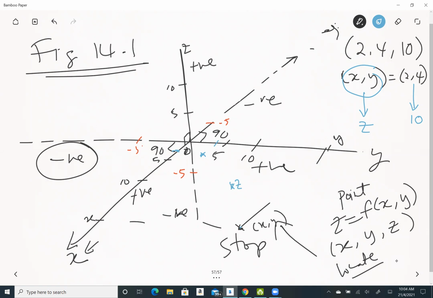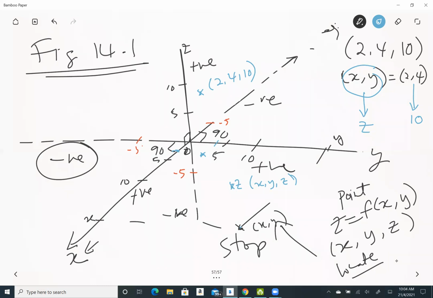All right. So therefore, that is our point, x, y, z. Okay, so that's how we do it. So go to that example. 2, 4, you already determined is here. The z is 10. So 10 will be somewhere there. So we go up. That will be here. So that is the point, 2, 4, 10. Okay. Any question? All right.